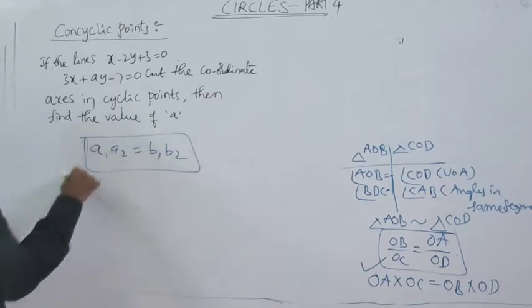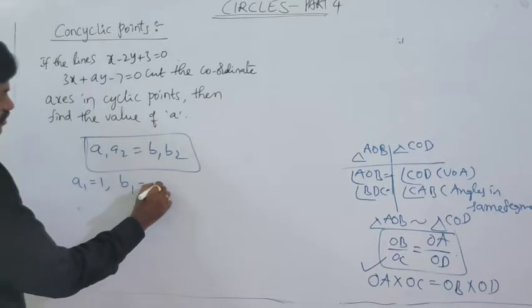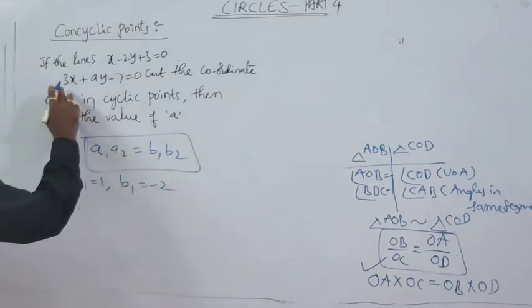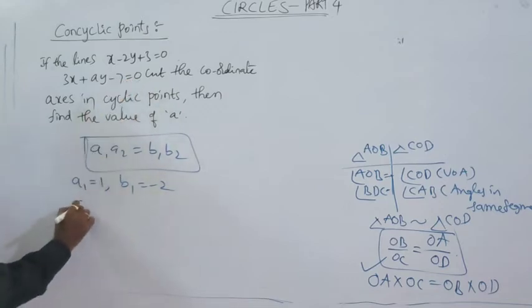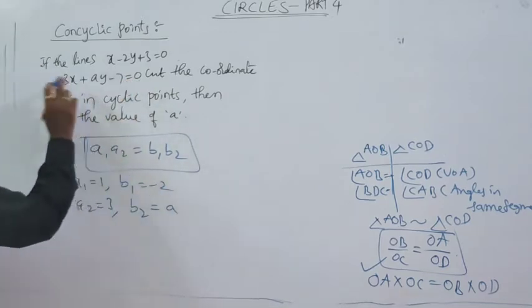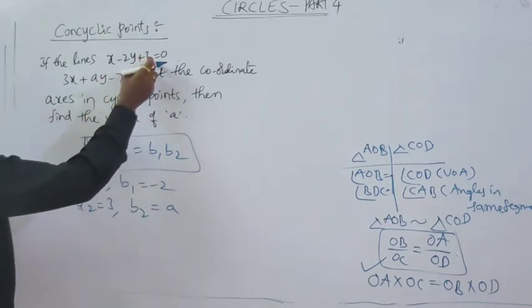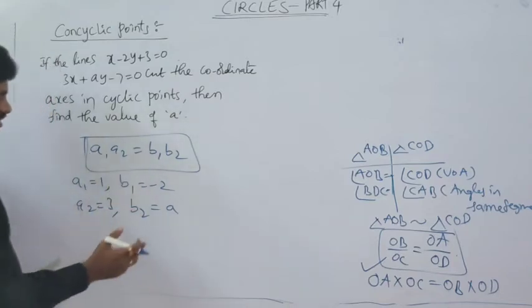So list out the coefficients here. This is the formula. So a1 is equal to 1, b1 is equal to minus 2. Here a2 x plus b2 y plus c2 is equal to 0, so a2 is equal to 3, b2 is equal to plus a, including sign. We do not need to consider the c1, c2 values because in our formula there is no c1, c2 value.